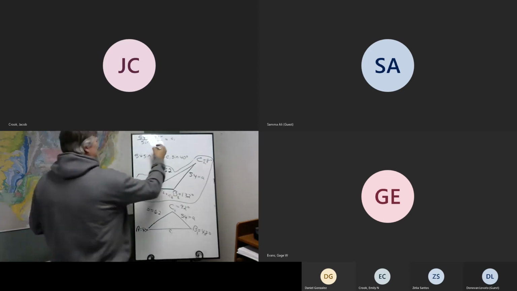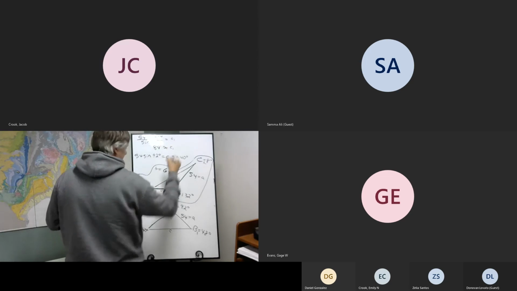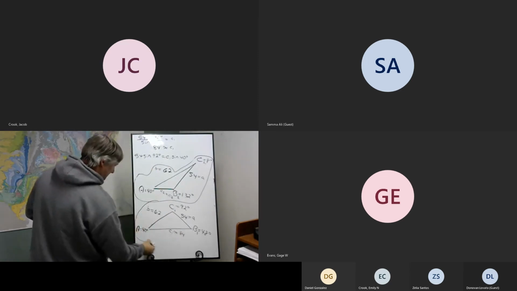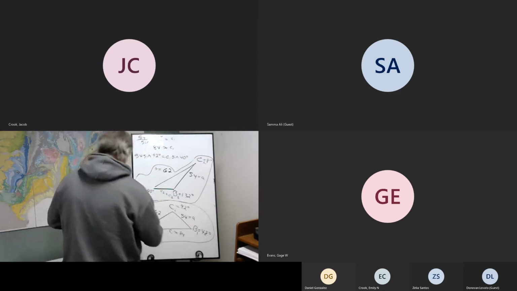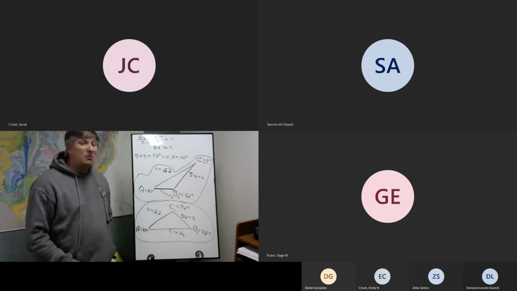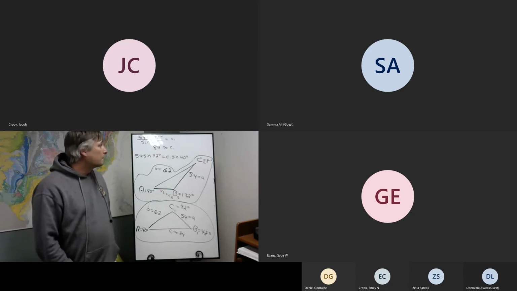We're going to round it to approximately 84. So now you've solved both triangles, because there are 2 possible triangles that can come out of this problem.